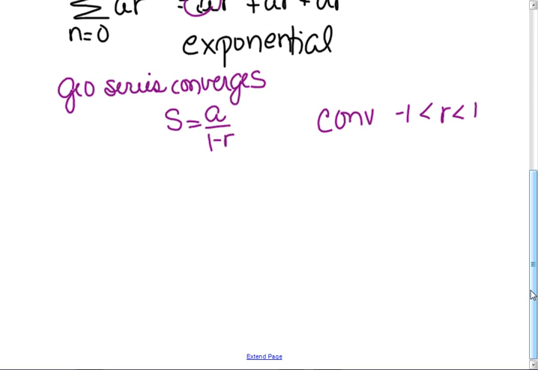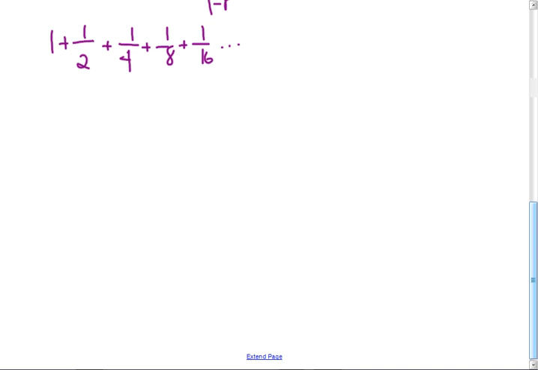And let's quickly look, for those of you who don't believe it, at what if I do 1 plus 1 half plus 1 fourth plus 1 eighth plus 1 16th. Let's look at that geometrically to see if it converges. I'm just going to take a square. There's my first one.